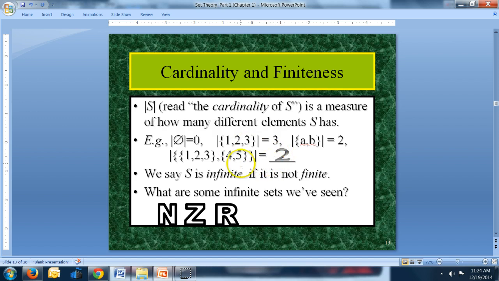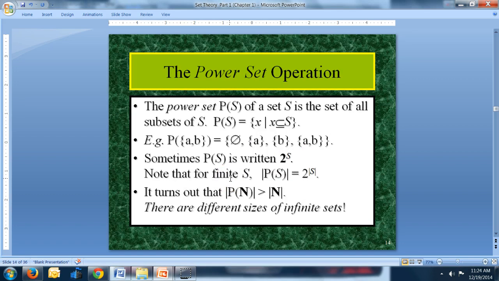In our case, 2 to the power 3 will be 8. If we have a set that has 5 elements, like A, B, C, D, E, then the number of possible subsets will be 2 to the power 5, which is 32 possible subsets.